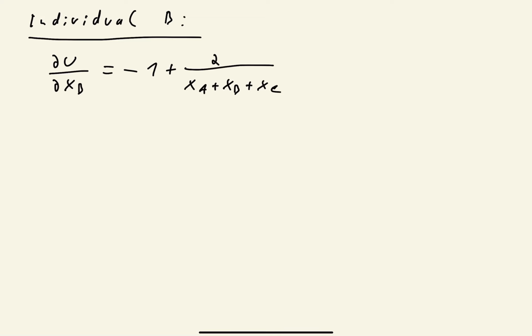And the thing is that B knows that xa star is equal to 0. So of course B knows that for individual A, the strictly dominant strategy is given by choosing an amount of the public good equal to 0.